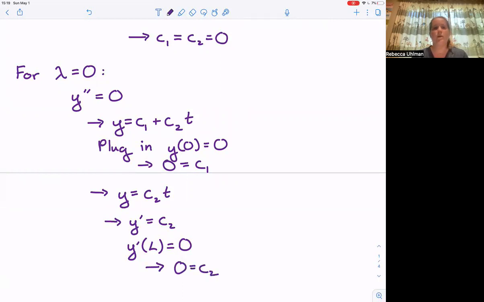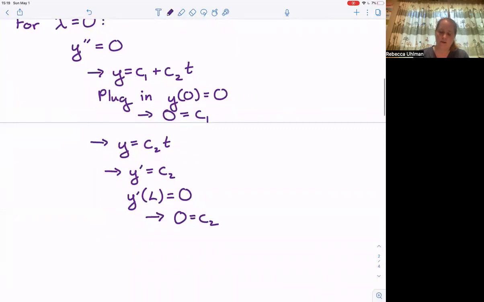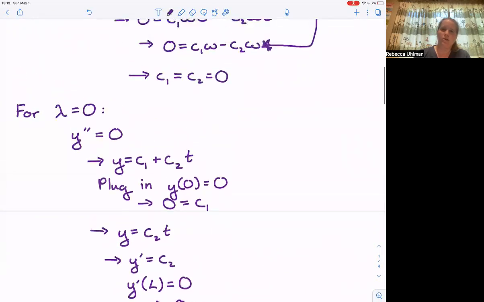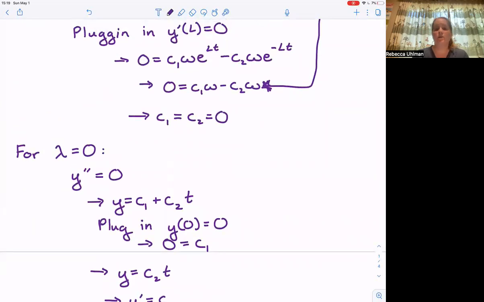And so 0 is not an eigenvalue, sorry. So lambda equals 0 is not an eigenvalue. I should have mentioned earlier, since we got C1 equaling C2 equaling 0, we have that lambda less than 0 is not an eigenvalue.